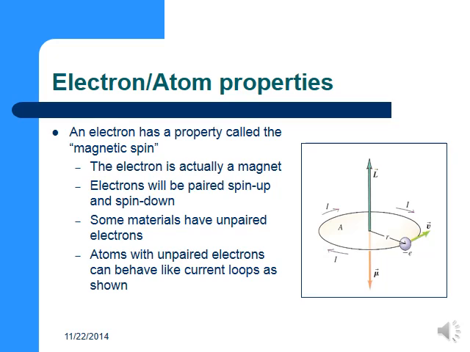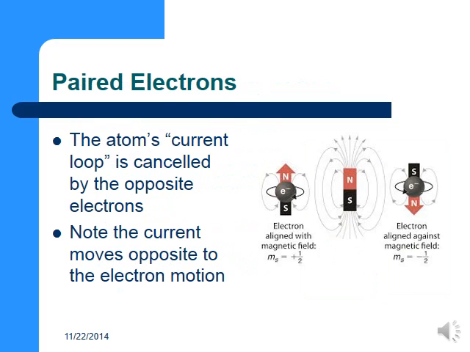But some materials have unpaired electrons, in which case we're going to have the effect of these unpaired electrons' mu vectors behaving like current loops. When we have paired electrons, the picture on the right-hand side here shows that their magnetic fields will cancel each other.